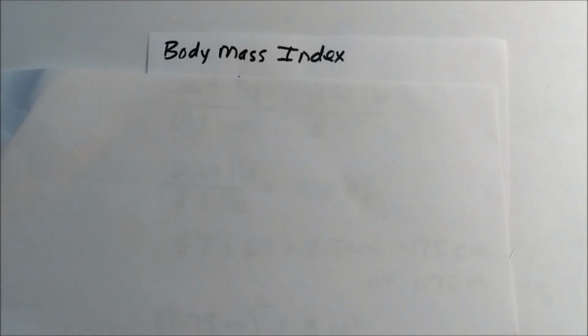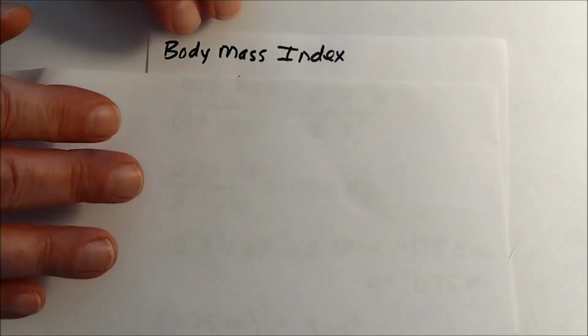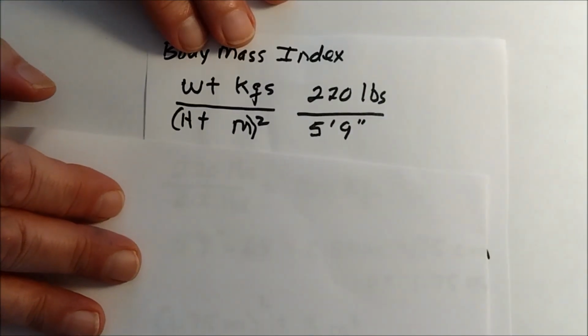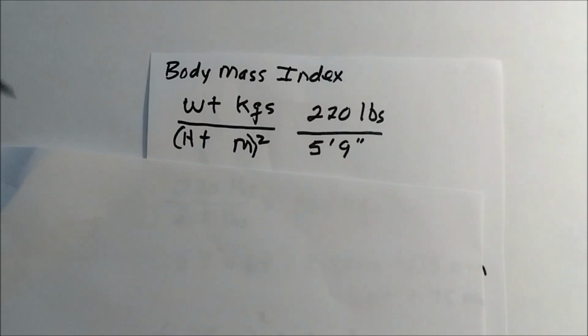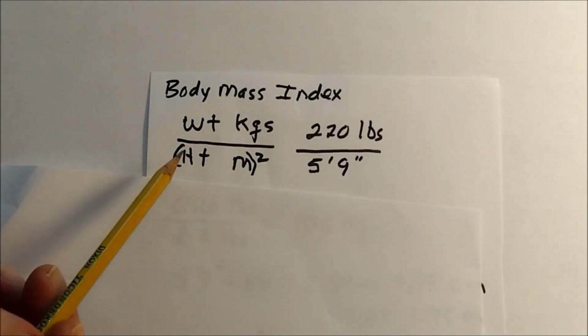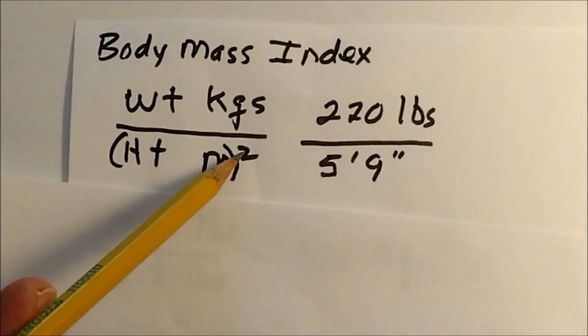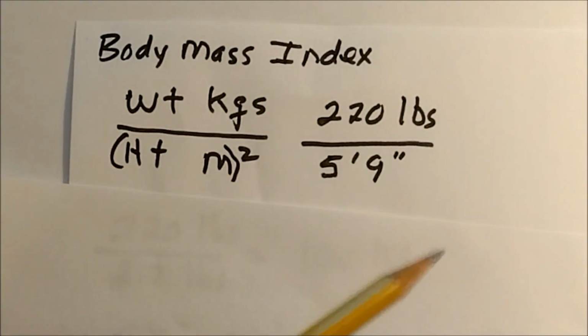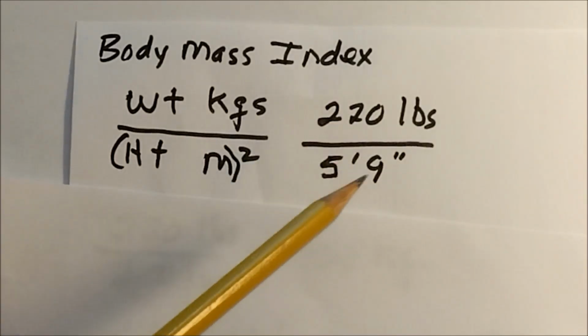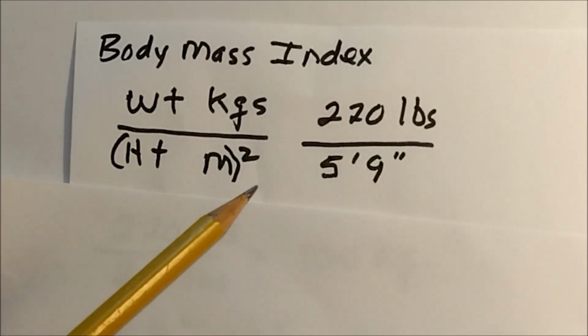Anyway, I'm going to walk you through an example here. Here's the ratio: weight in kilograms divided by the height in meters, quantity squared. Okay, we're going to take an example of a person weighing 220 pounds and is 5 foot 9 inches tall.